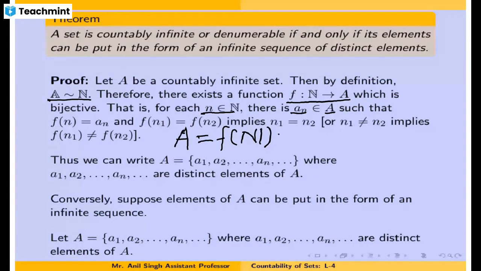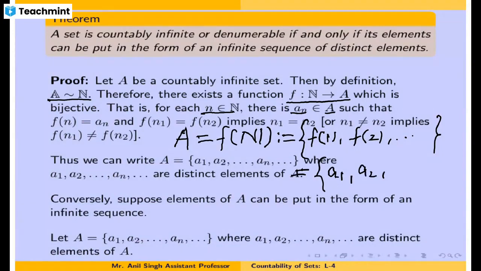The definition of f of n says that, taking the natural numbers in order, we have f of 1, f of 2, and so on. f of 1 is kept as a1, f of 2 is kept as a2, and so on. So that means A is being represented as a1, a2, and so on in sequential order, and this is a sequence. The elements of A are in sequential order, and these are distinct elements. Why are they distinct elements?